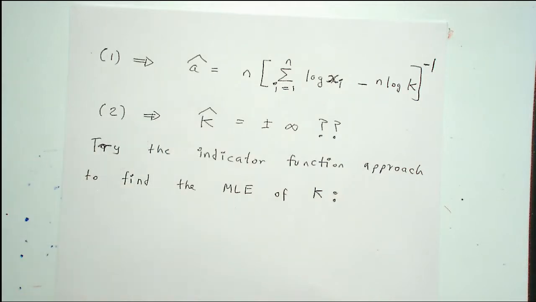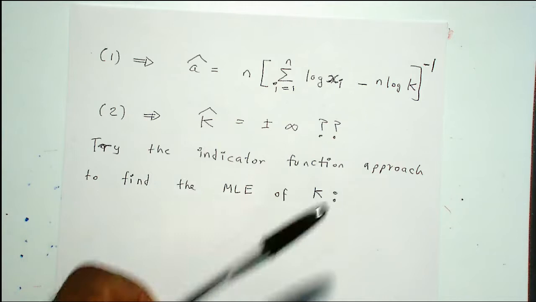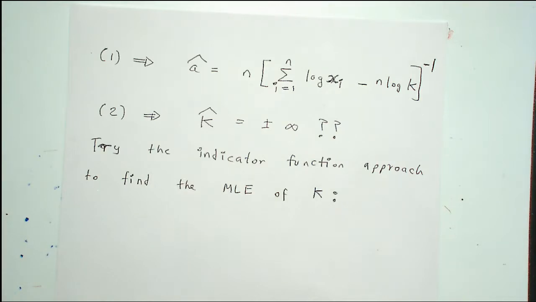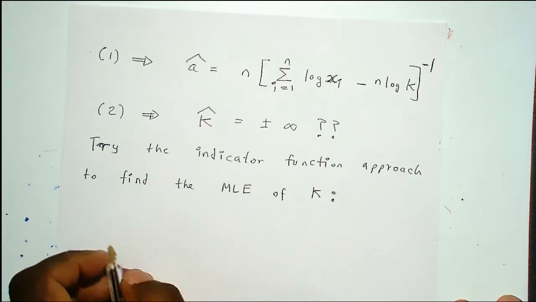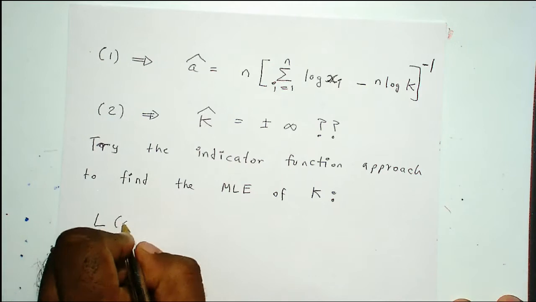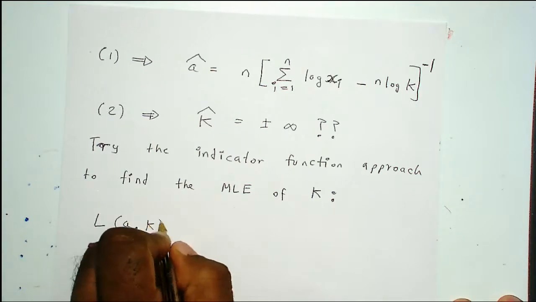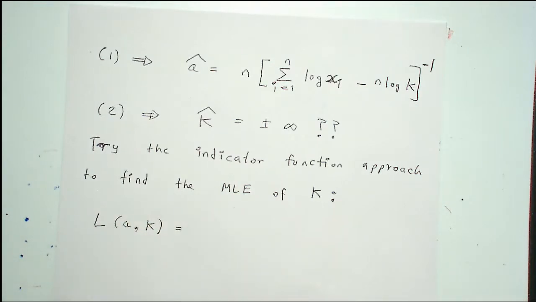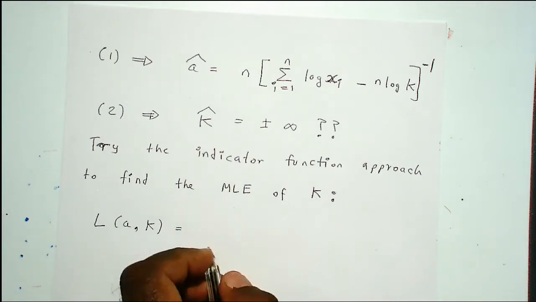The standard approach appears to work for the parameter A, but for the parameter K we have problems. So I'm going to use the indicator function approach to find the MLE for the parameter K. Are you guys with me or no? Yeah. So I'm going to rewrite the likelihood function.